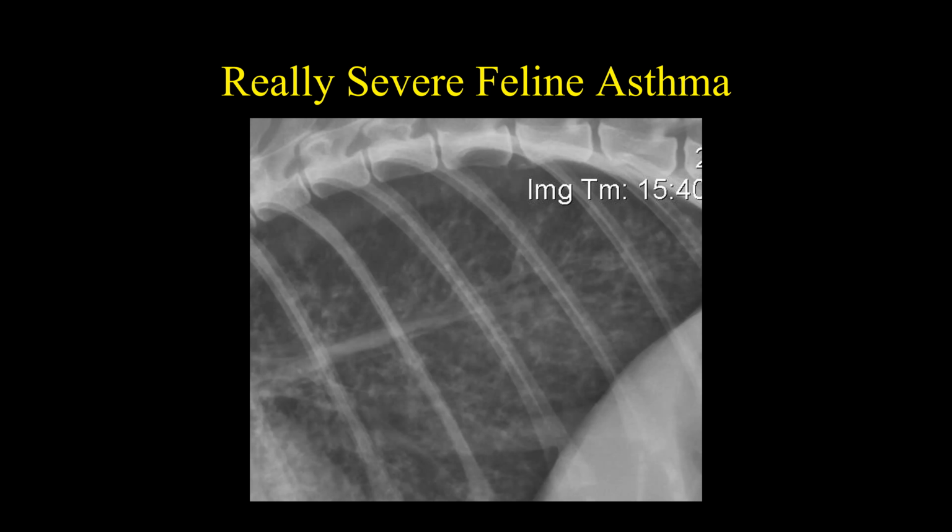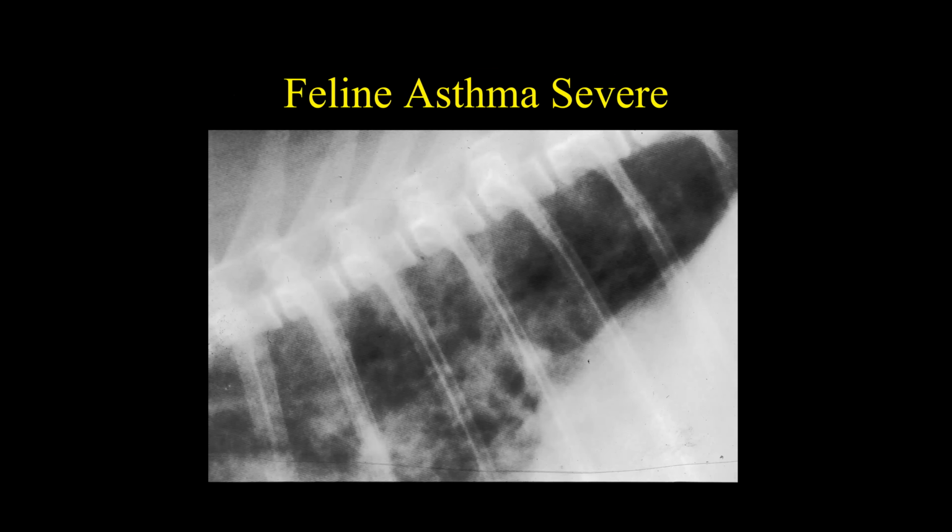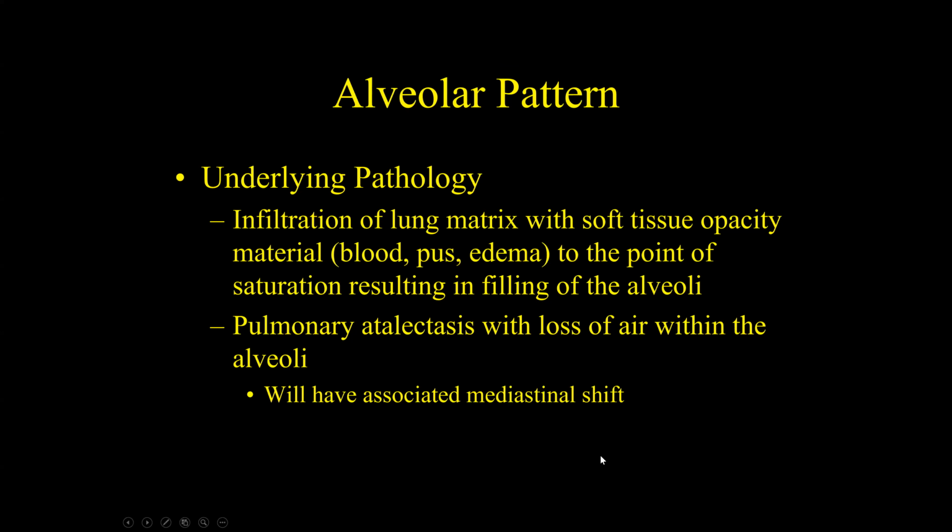So in review, for bronchial patterns, here's a severe cat with feline asthma. We look for thick-walled, end-on bronchi in the periphery of the lung. The most common cause of a bronchial pattern is allergic lung disease or parasitic lung disease, and usually the parasitic lung disease causes an allergic response.